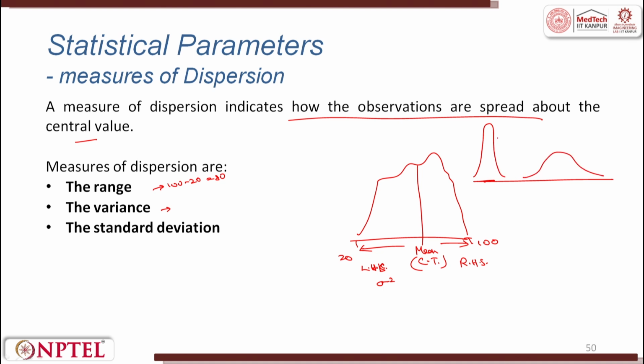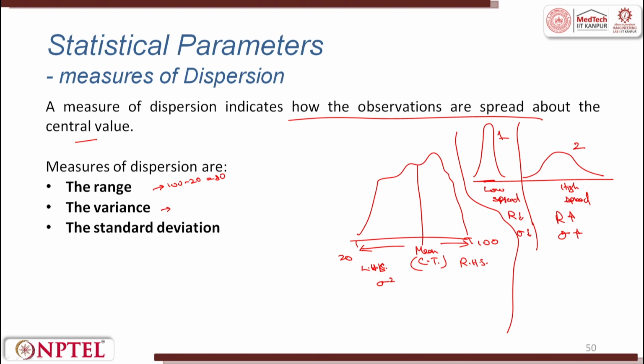Here you can see in the first case and in the second case, if I compare, here the spread is low, here the spread is high. That means in case 1, the range value would be low and the sigma value would be low, here the range value would be high and sigma value would be high in case of the high spread.